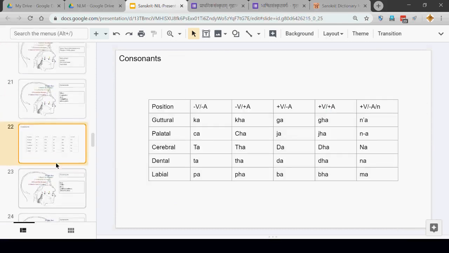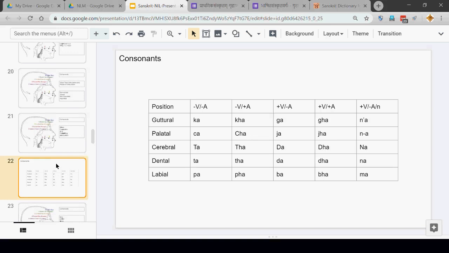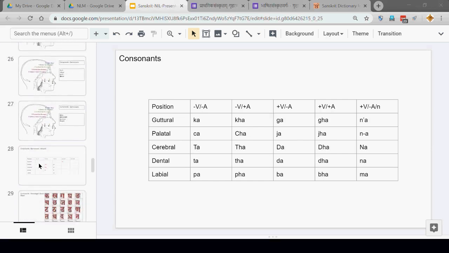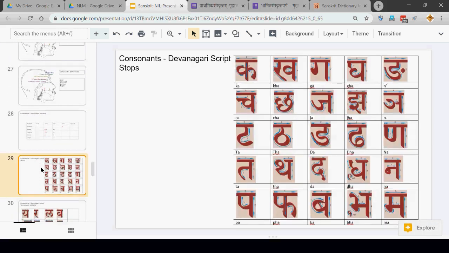Then we looked at the consonants. There are 33 consonants we have seen, which are represented in Devanagari script like this: Ka, Kha, Ga, Gha, Nga, the first line.